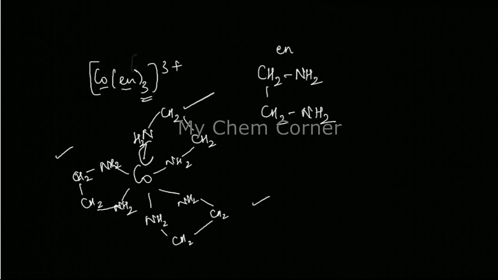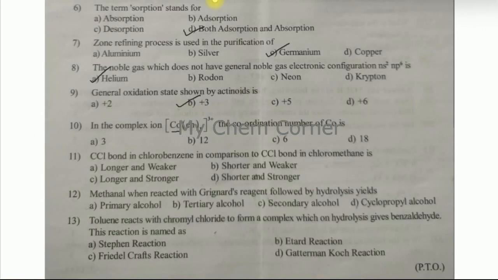I have 1, 2, 3, 4, 5, and 6. Since there are 6 bonds to cobalt, the coordination number here is going to be 6.